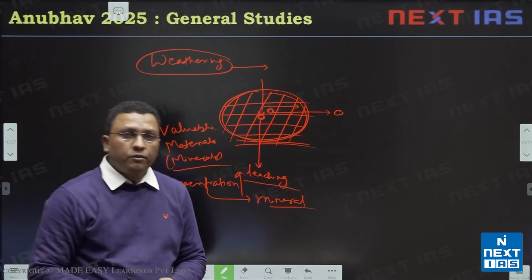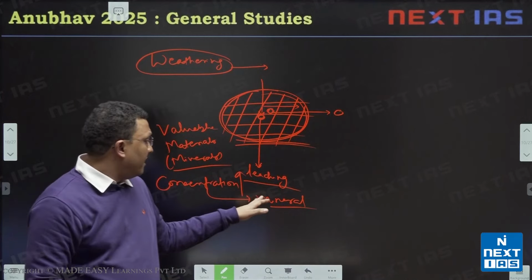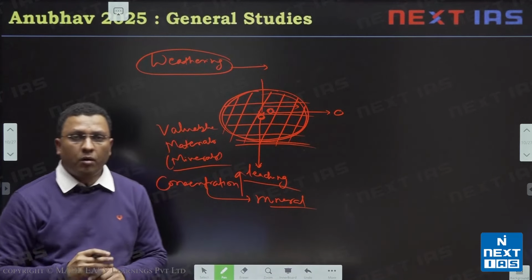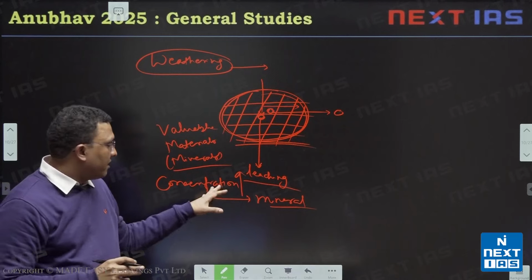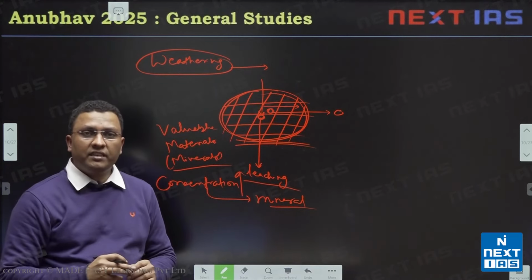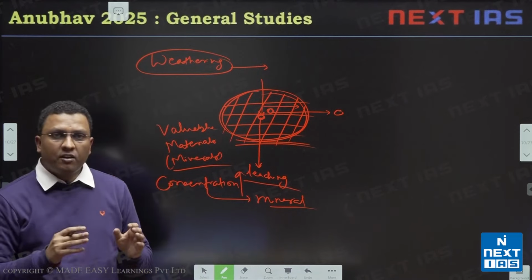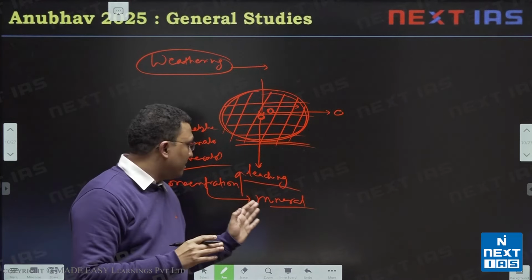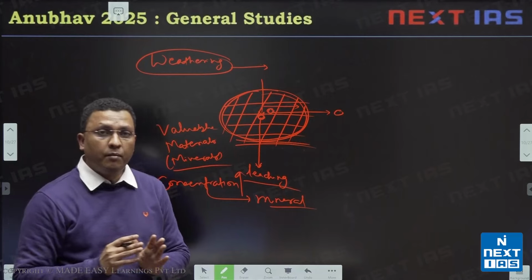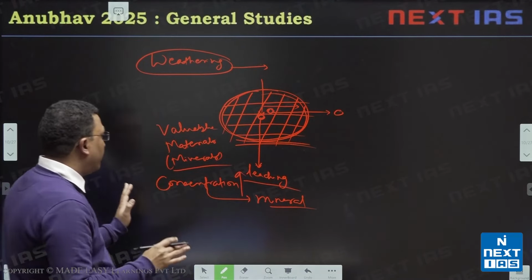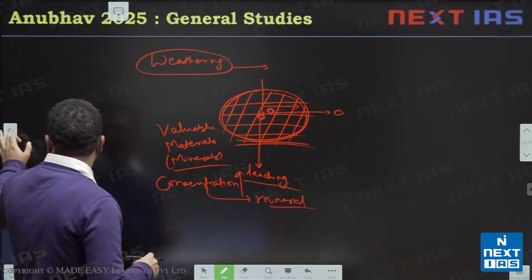So in order for a mineral extraction process to become economically viable, the concentration of mineral has to be sufficient enough, right? If concentration of mineral at a place is not high enough, extraction will be not economically viable, right? So this is what is underlying concept of the question.